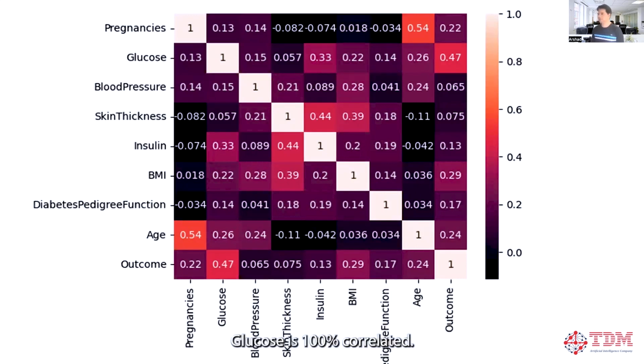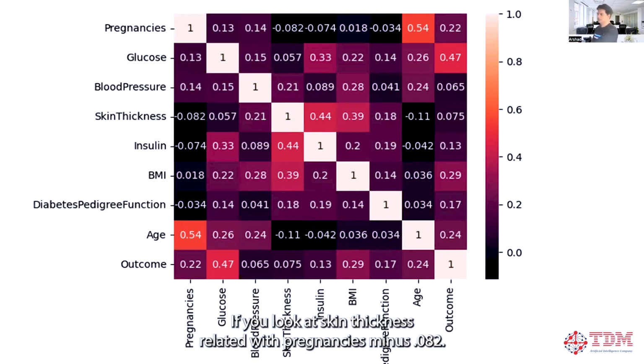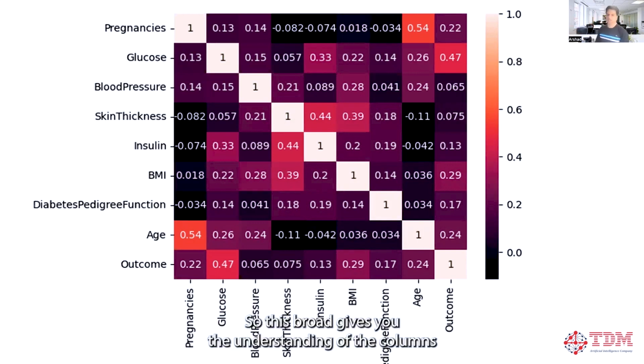Glucose is 100% correlated with glucose. So those are all 1s. But if you look at glucose related with blood pressure, it is 0.15. Skin thickness related with pregnancy is minus 0.082. So this plot gives you an understanding of the columns and how they are correlated.